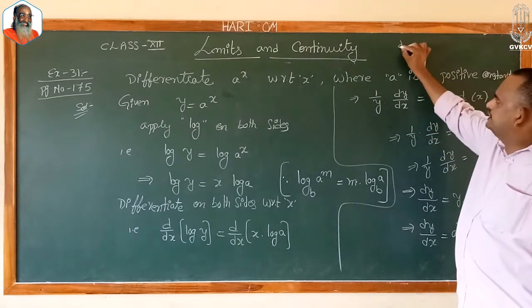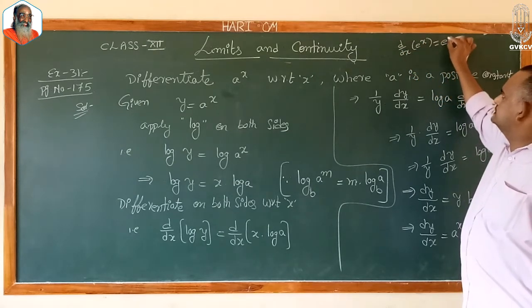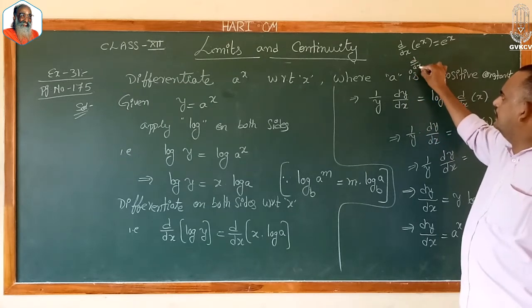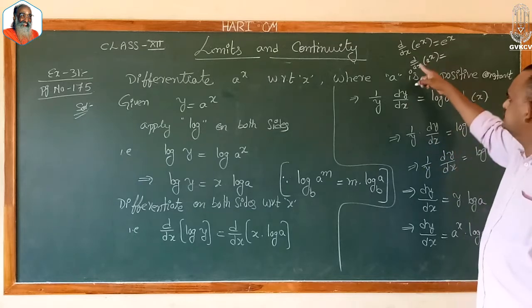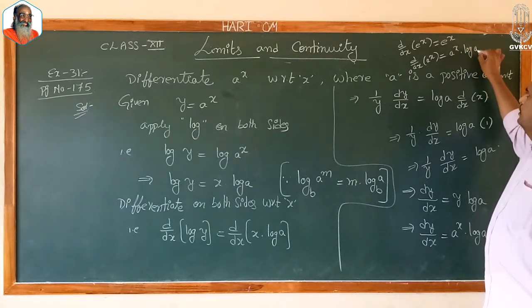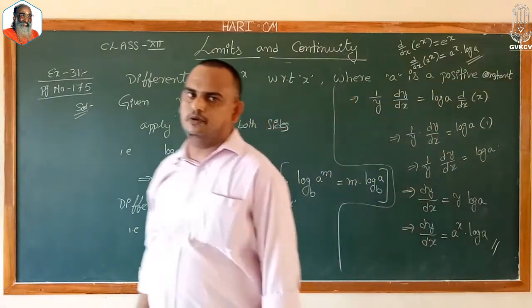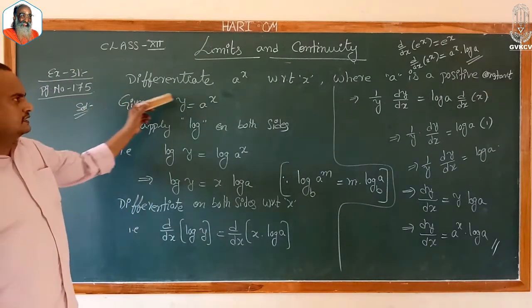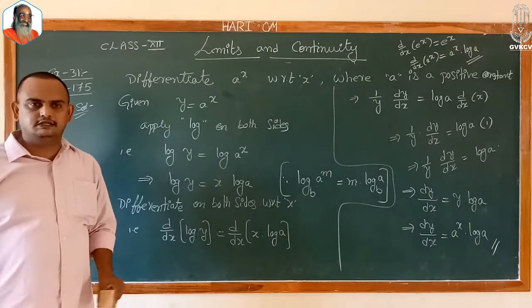Earlier we had an exponential function, d by dx of e power x, which is e power x. Now we have learned another concept: d by dx of a power x is a power x into log a. These are other concepts of logarithmic differentiation. So this is example number 31, differentiate a power x.